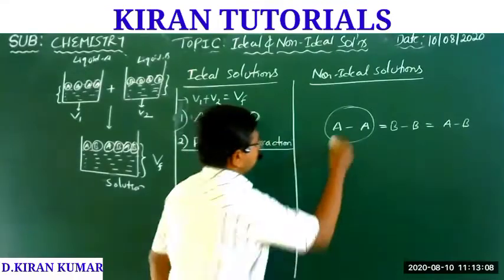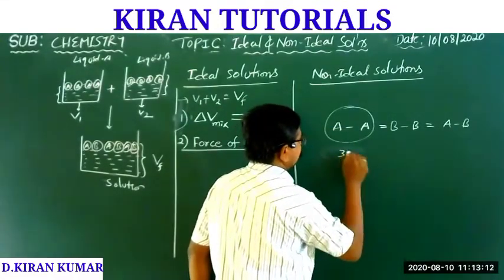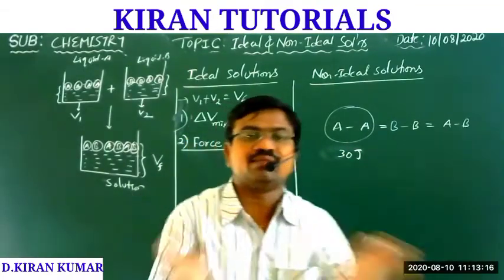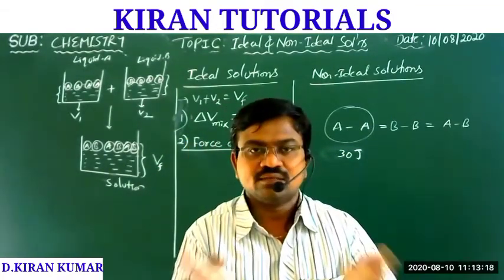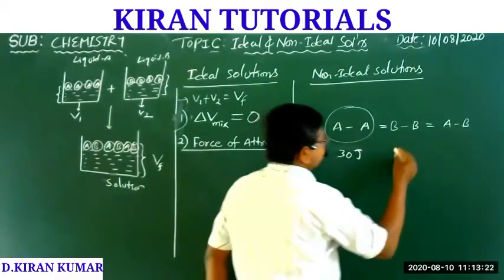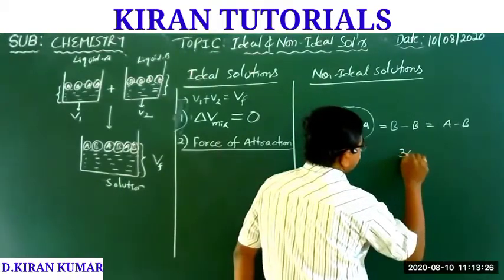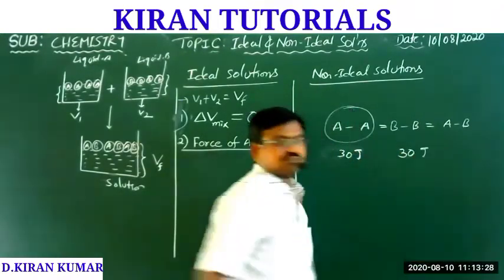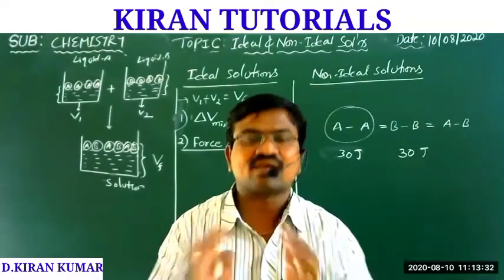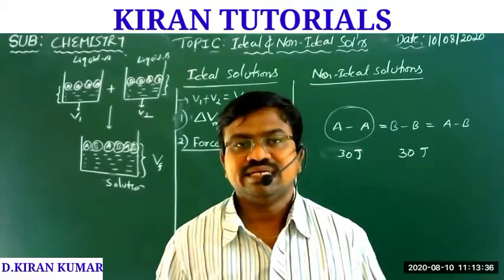For example, 30 joules of heat is required to break the bond between A. Similarly, 30 joules of heat is required to break the BB bond interaction.